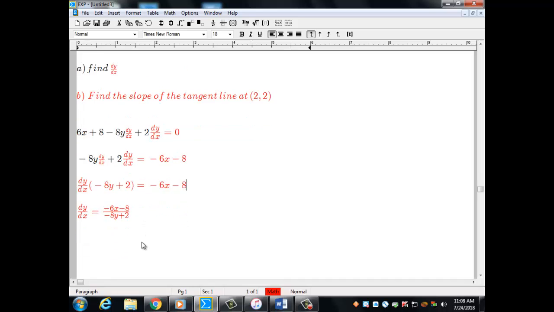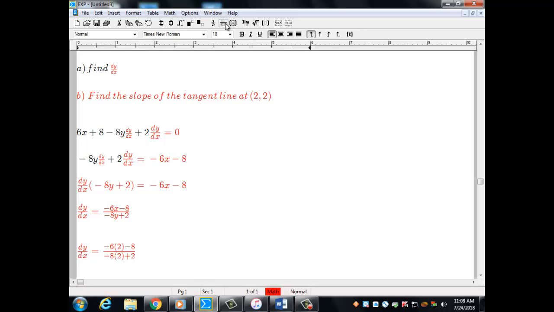All right, so now, once you do that, how do you find the slope of the tangent line at 2, 2? Well, the slope of the tangent line at 2, 2 then becomes dy dx equals negative 6 times 2, that's the x value, minus 8 over negative 8 times 2, that's the y value, plus 2.